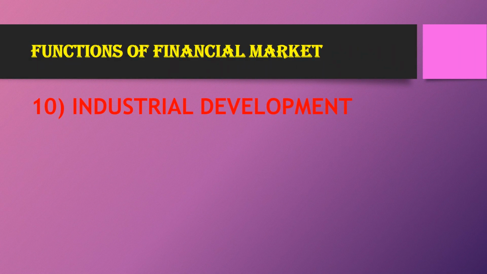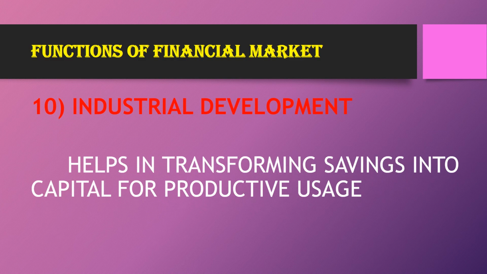Industrial development. Industrial development helps to transform savings into capital for productive usage. Every organization is there so that they can utilize their funds in the maximum possible way to earn maximum benefits. And so due to this, there is development of the industries in that particular area.